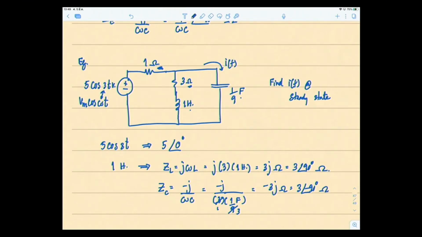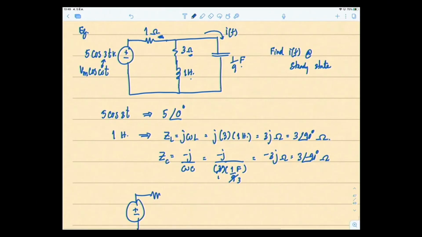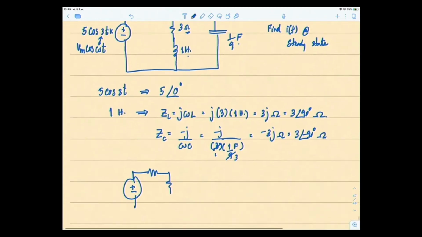Well, you want to find I of t, right? So let me just update the circuit. So this becomes your phasor, equal to 5 at 0 degrees.